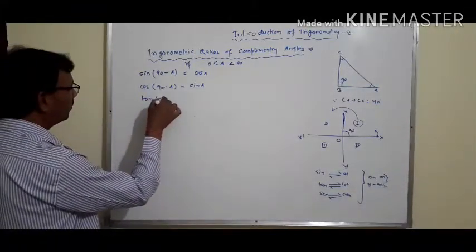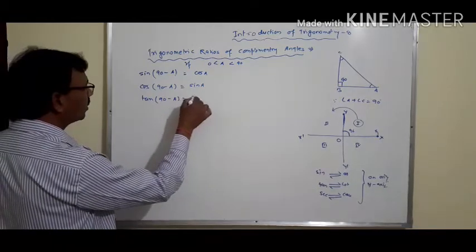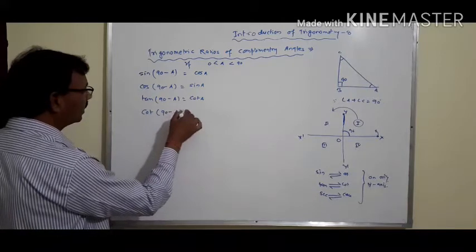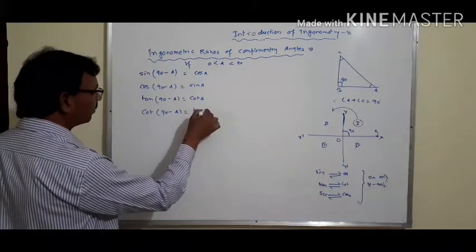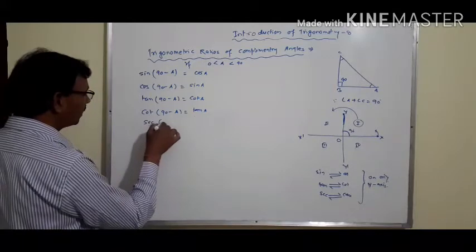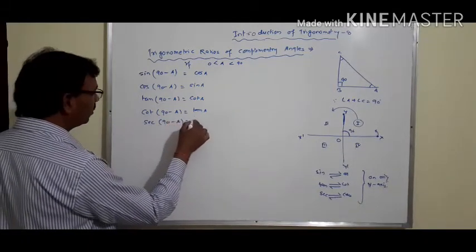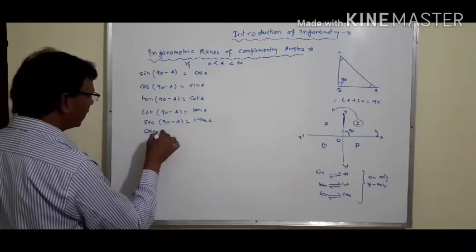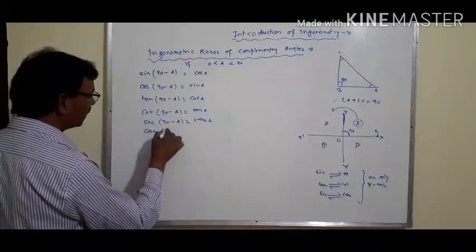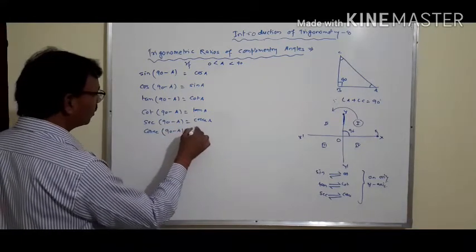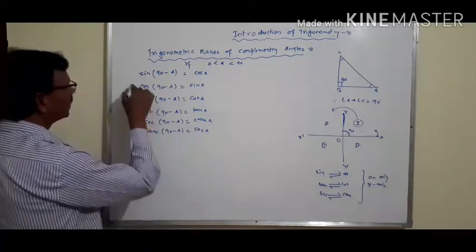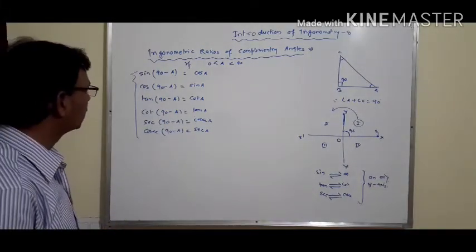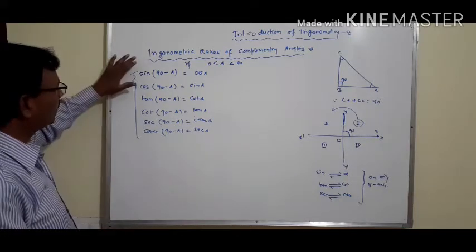Tan of 90 minus A equals cot of A, while cot of 90 minus A equals tan of A. Sec of 90 minus A equals cosec of A, while cosec of 90 minus A is equal to sec of A. These are known as trigonometric ratios of complementary angles. You should memorize this.